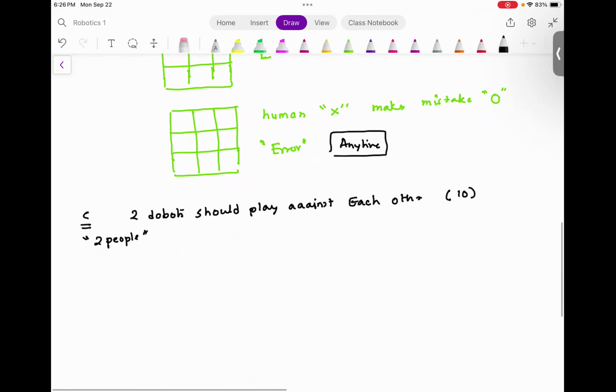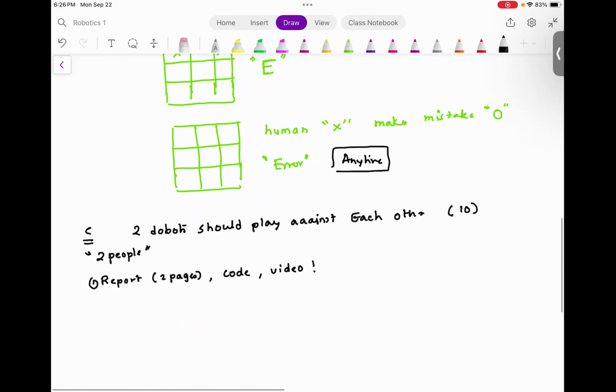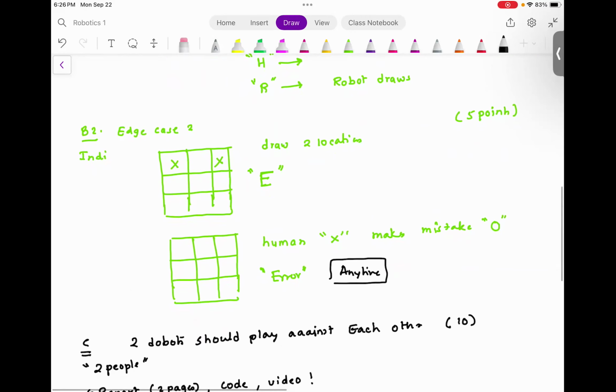And I will put this in Canvas. So a short report, not more than 2 pages, code and video. And remember, we have 3 graders.